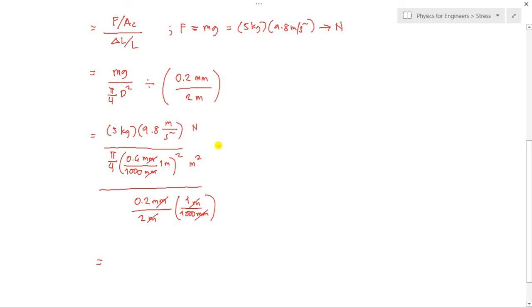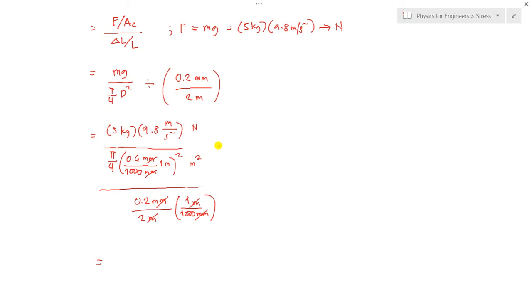Then simplifying this, so we have 5 times 9.81 divided by pi over 4, then 0.6 over 1000 squared divided by 0.2 divided by 2000.